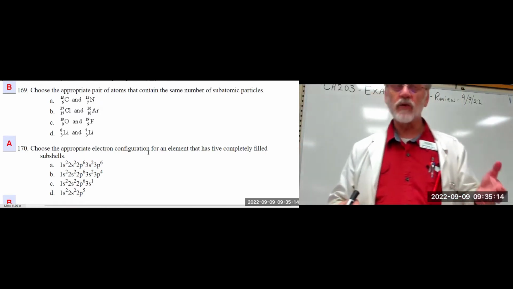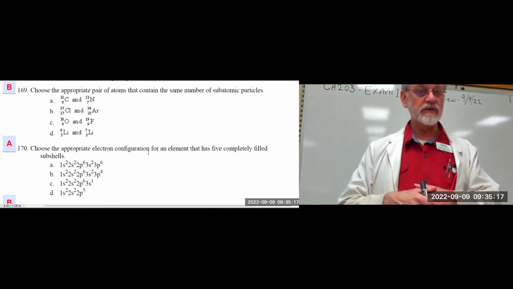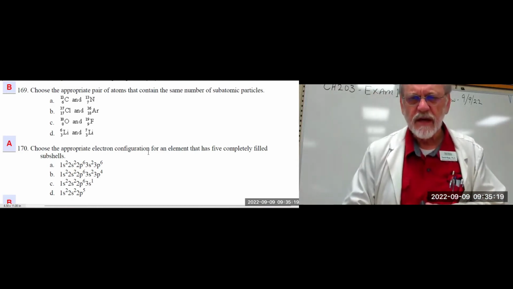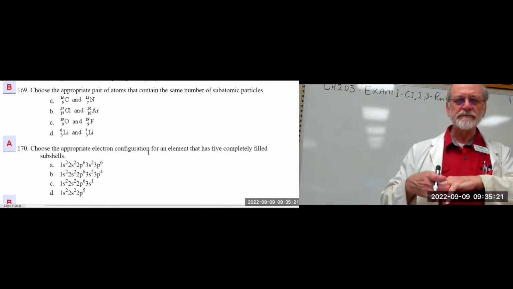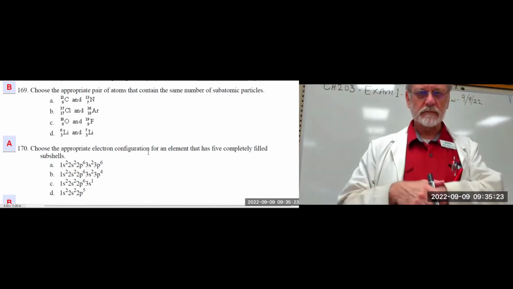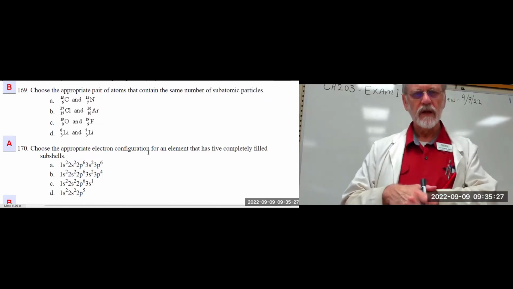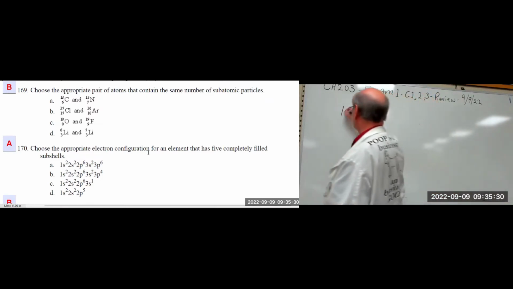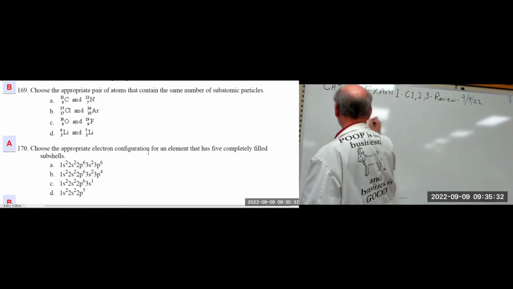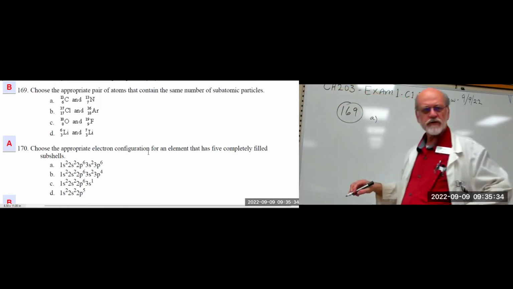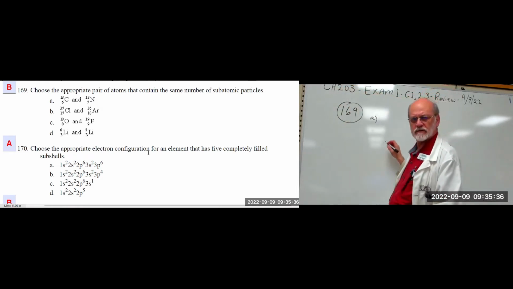So this is kind of like 168, same number of nucleons. See, subatomic particles, okay. All right, we better take this one in order. So our first choice is carbon 13 and nitrogen 13.